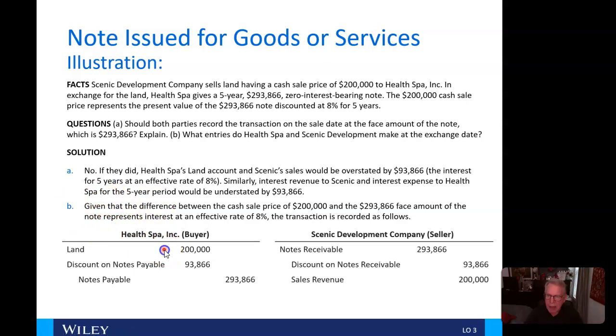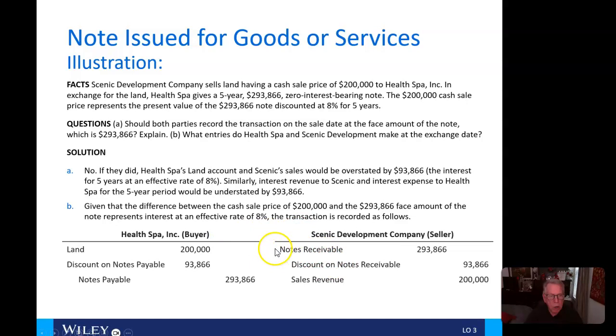Okay, under Bravo, here is Health Spa's entry. They're going to debit land for $200,000. They'll debit the discount on the notes payable for $93,866 and credit notes payable for $293,866. Health Spa is the buyer in this case. Scenic Development Company is the seller.